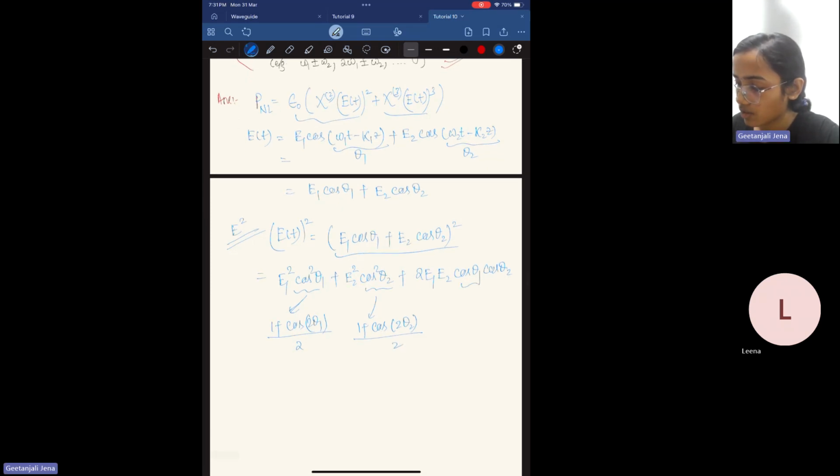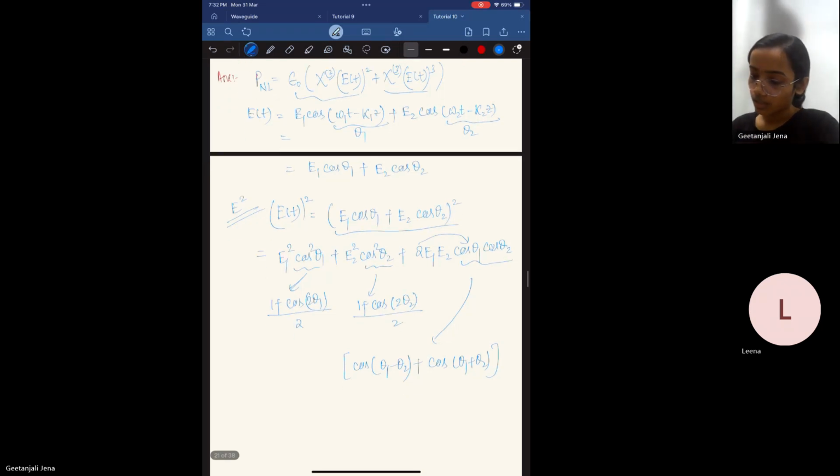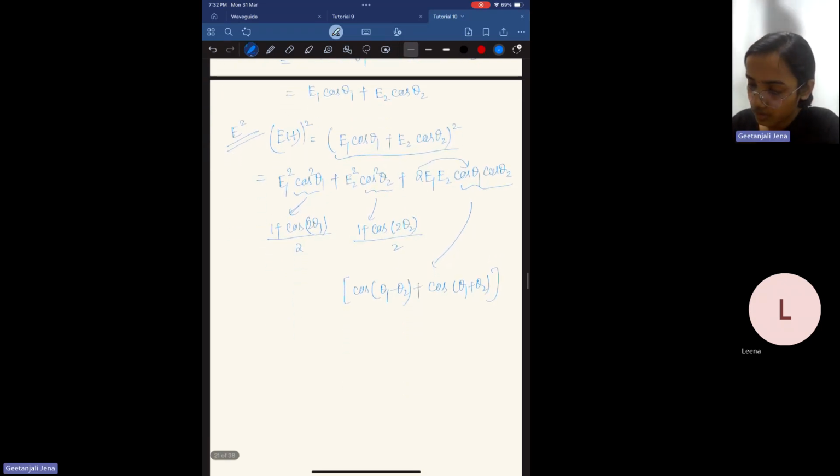And this is cos A cos B, so you can take 2 here: 2 cos A cos B will be cos(A minus B) plus cos(A plus B). Right? So now we have all the terms.